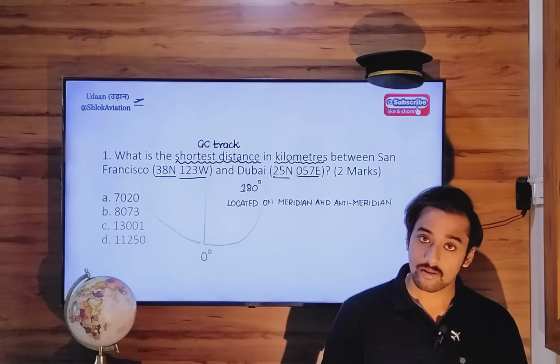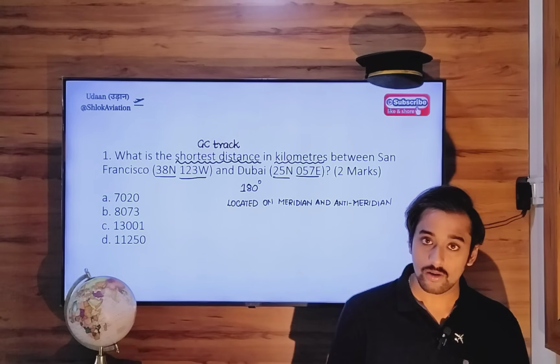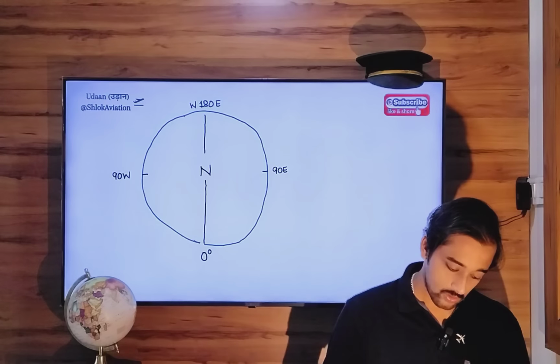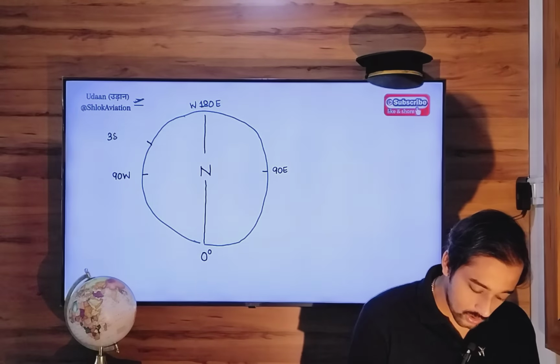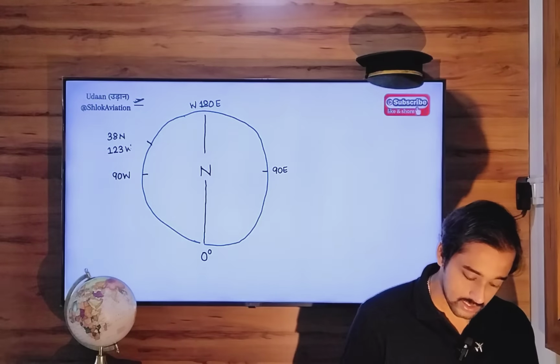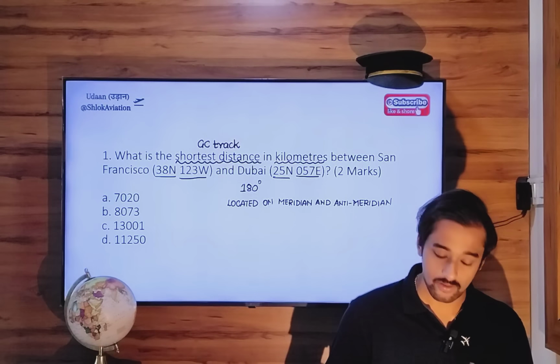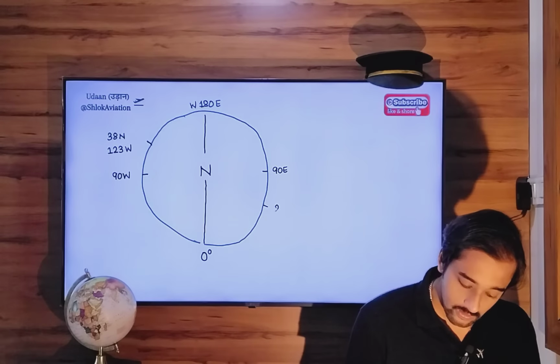Now let's plot San Francisco, 38 north, 123 west, somewhere here. Dubai, 25 north, 57 east.